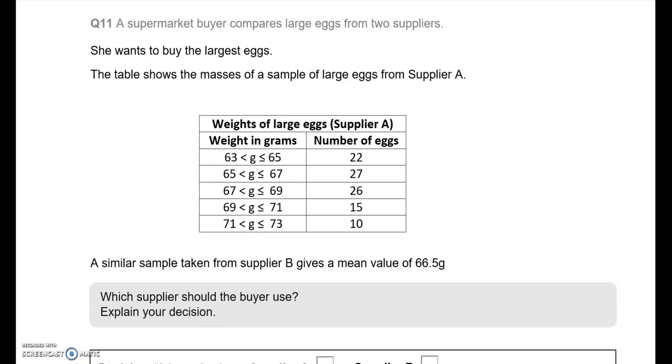We've got a range between 63 and 65. So the mid value is going to be 64. Then we have 66 here, 68, 70, 72, and we're going to multiply by the number of eggs for each of them.